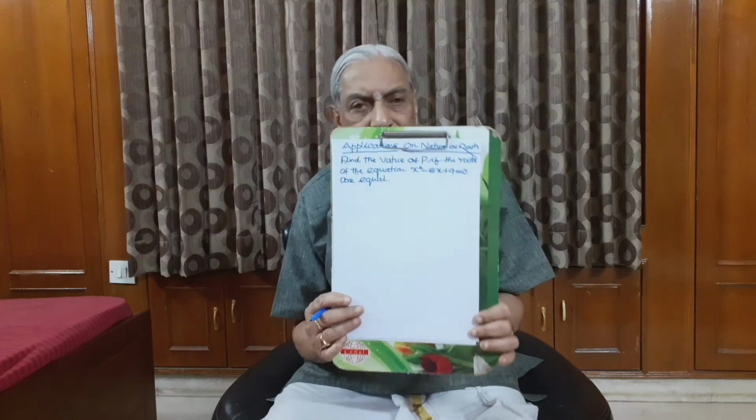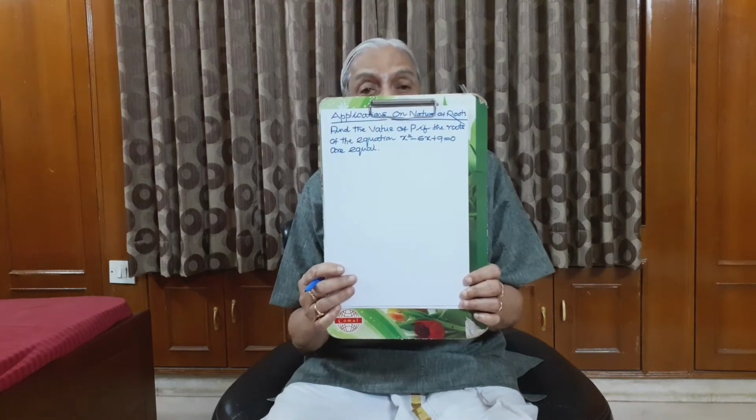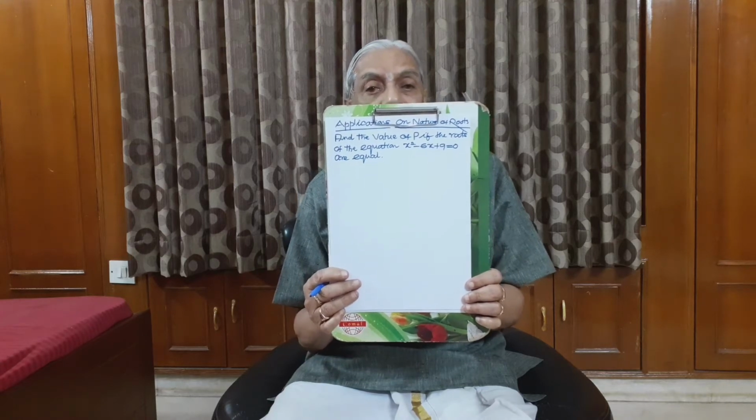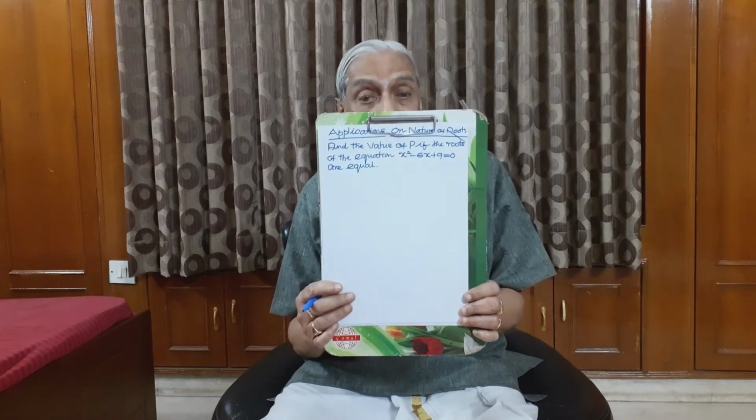Again I repeat, find the value of p if the roots of the equation x squared minus 6x plus 9 equals 0 are equal. Very important.